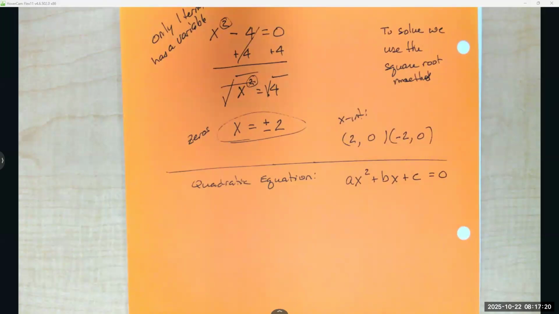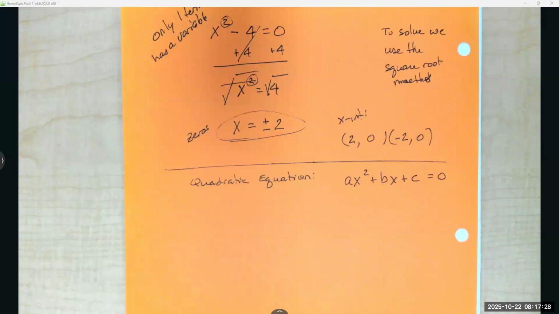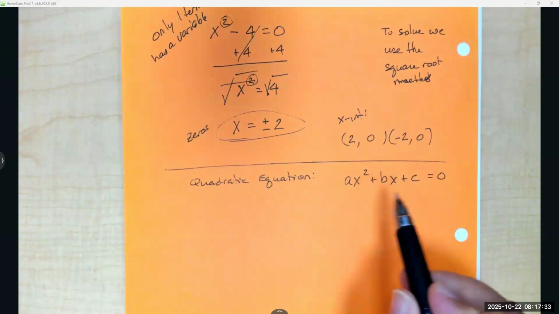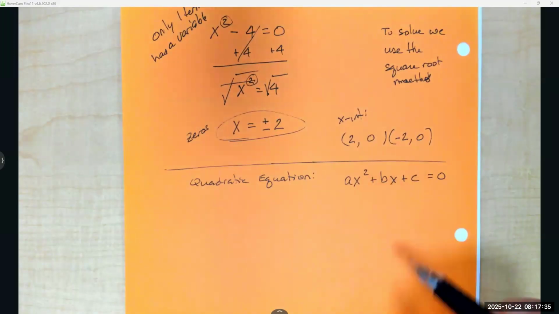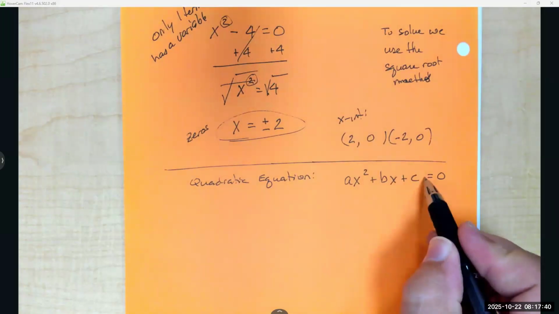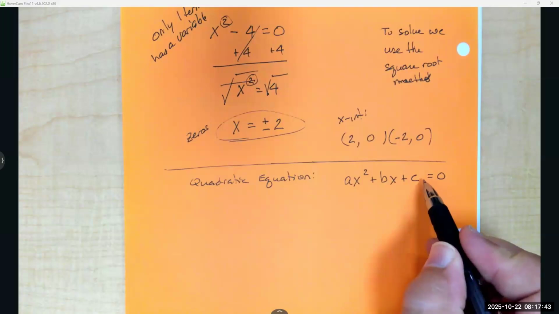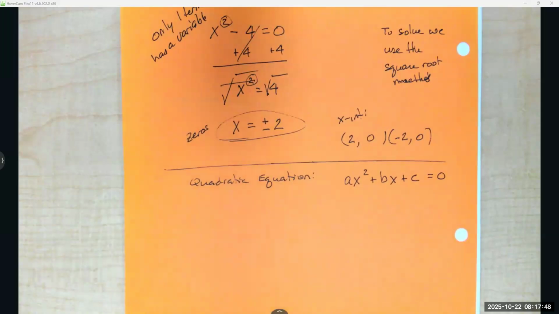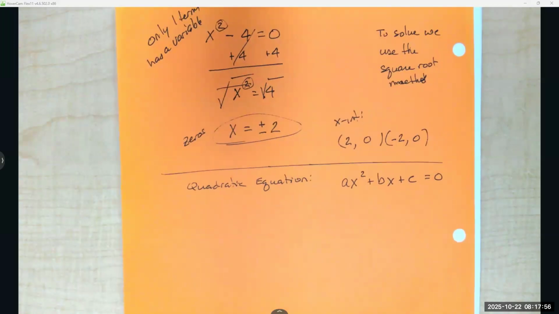How do we know it's quadratic? The biggest exponent is 2. Typically, whenever you set up an equation, whatever the highest exponent, you have to have all the other exponents down to 0. This is x squared, this is x to the 1, this one's x to the 0. If my highest exponent was x to the 5th, then I have to have x to the 4th, x to the 3rd, x squared, x to the 1, and no x's.